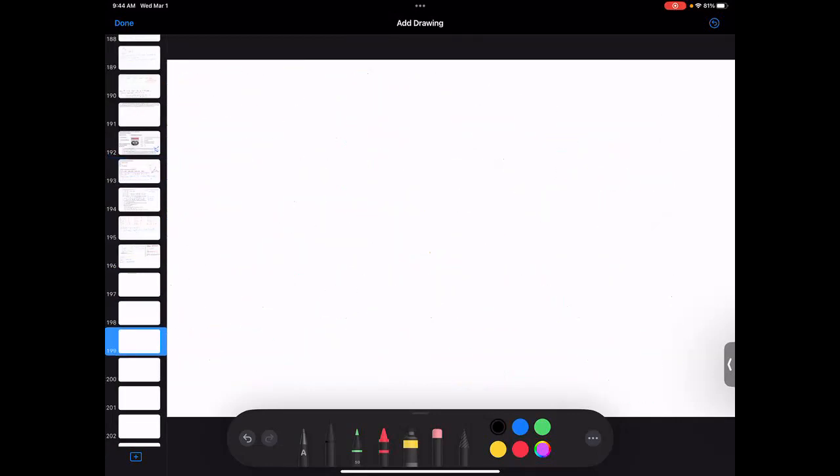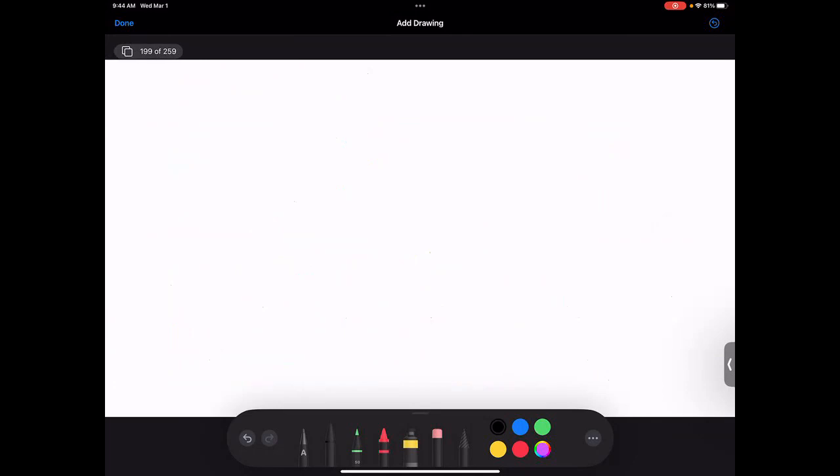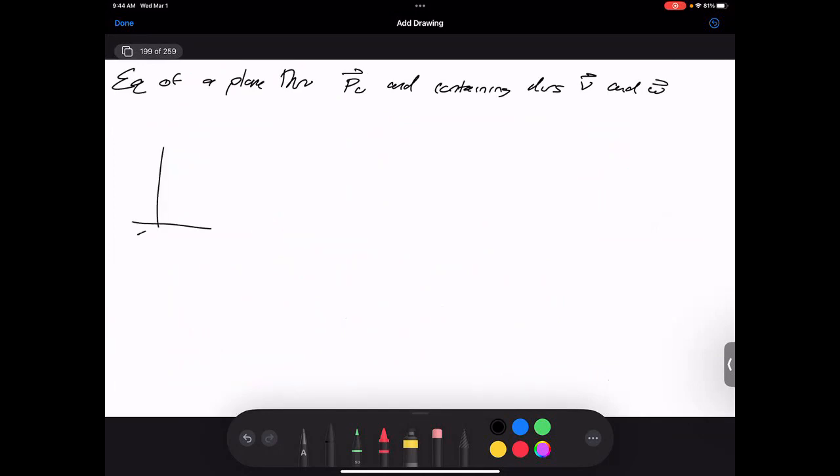And so if I want the equation of a plane through P naught and containing directions V and W. So again, here's my base. Here's my point P naught.